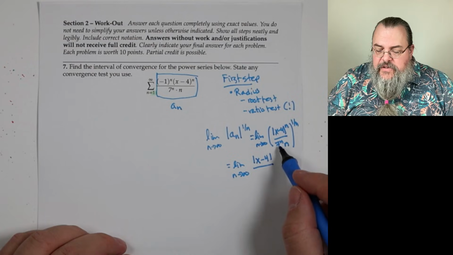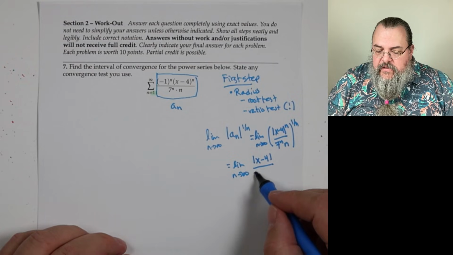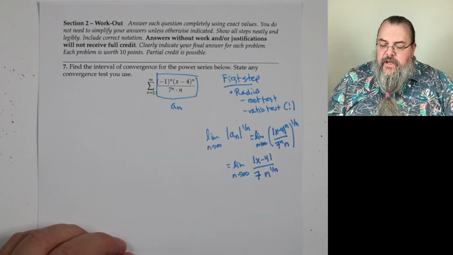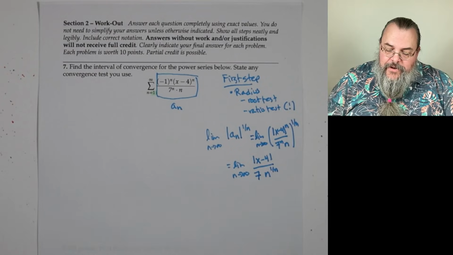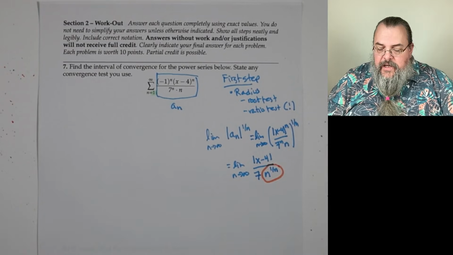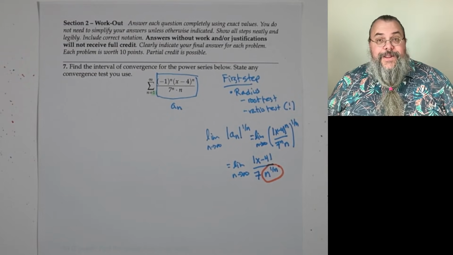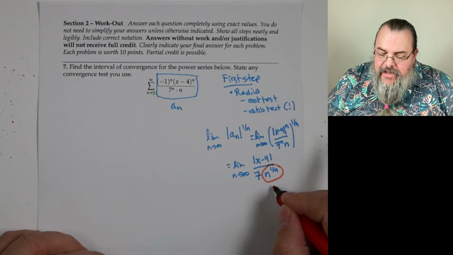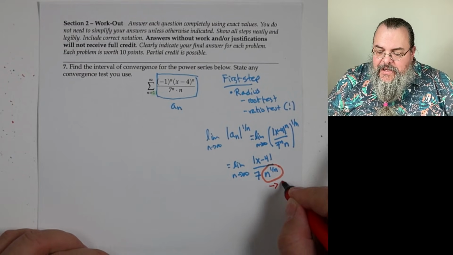Downstairs, 7 to the n to the 1 over n is a 7, and then you have n to the 1 over n. The only place this shows up is down here, and that limit is so classic, it's actually on the formula sheet. That goes to 1.